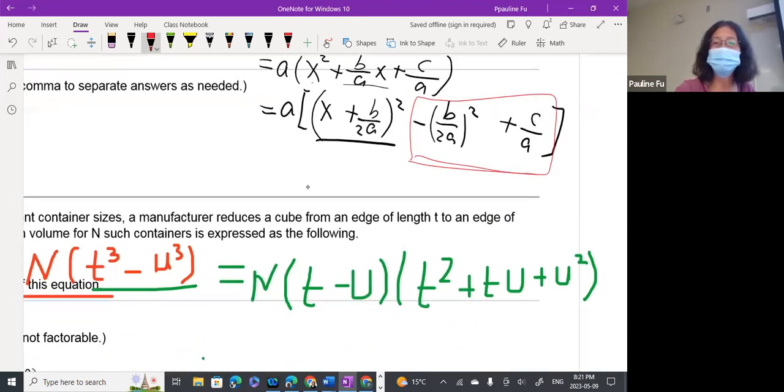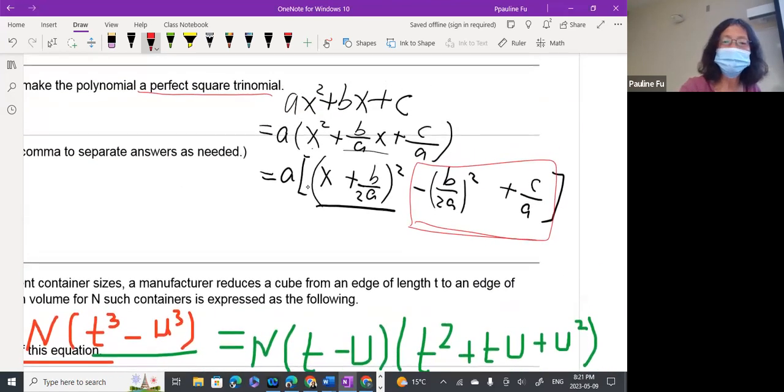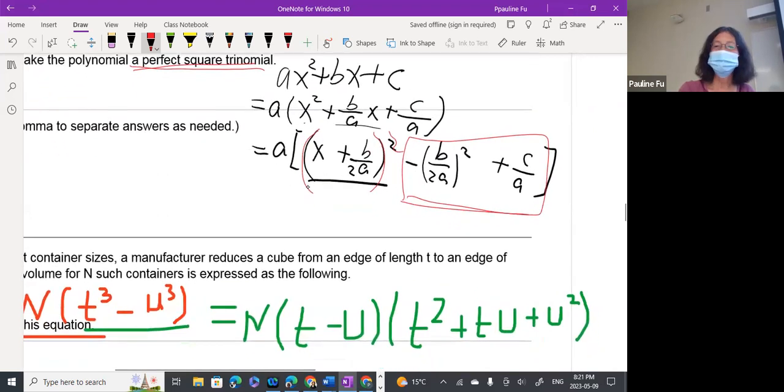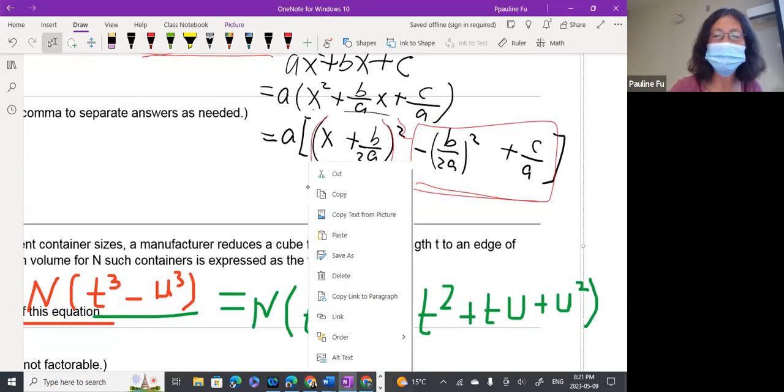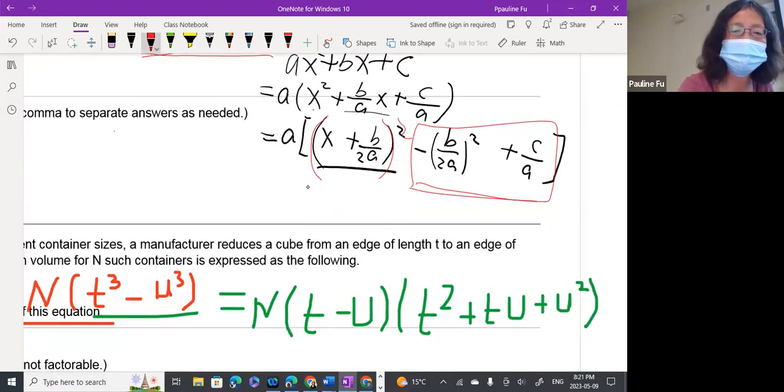If this red box is 0, then you can make a perfect square trinomial. See, this is a perfect square trinomial. So you let this item equal 0: negative b over 2a, plus c over a, equal to 0.